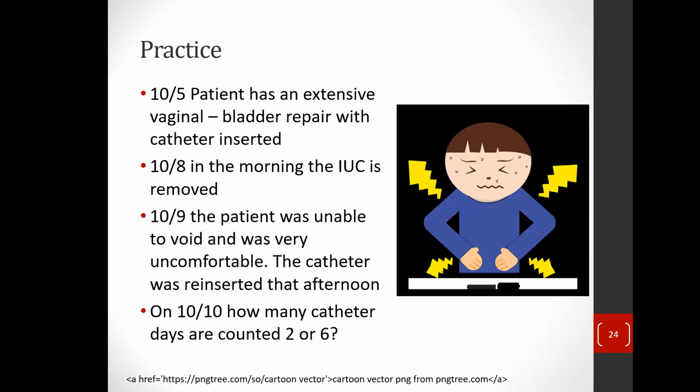So on 10/10, when you're looking at whether the catheter has been in 2 days, would you count it as 6 days that it had been in continuously from 10/5? Why don't you think about that for a minute? Would this be considered 2 days or 6 days?